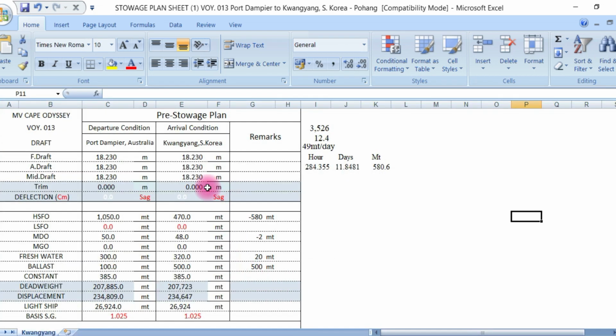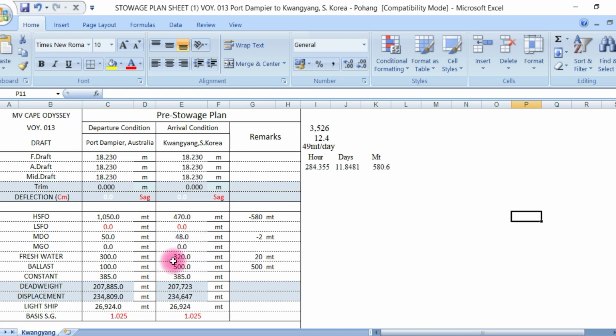And on arrival at Gwangyang, South Korea, he maintains the draft of 18.23 forward, aft 18.23, and mid draft is 18.23. He wants to maintain this draft on arrival at Gwangyang, and his ROB: FO is 470, and his DO is 48 metric tons.